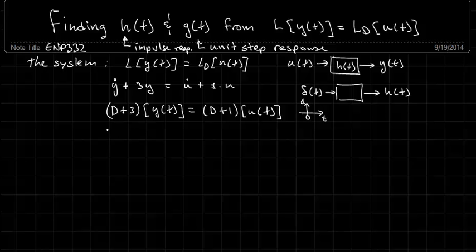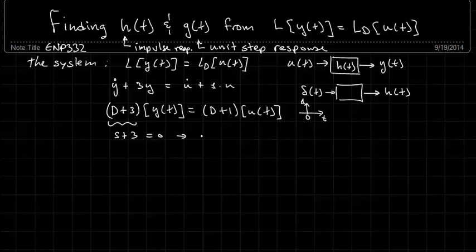So what we're really solving is D plus 3, so the characteristic equation is s plus 3. That's determined by L, what's operating on y.